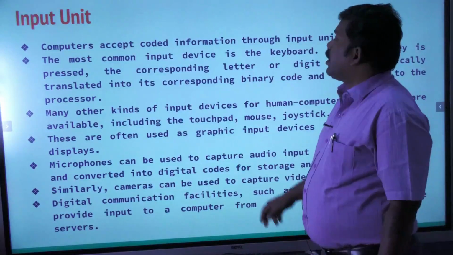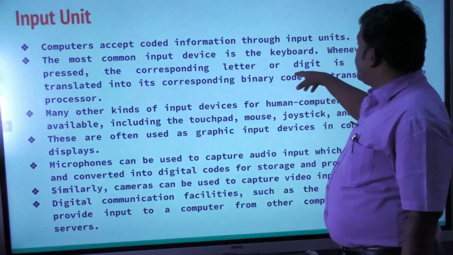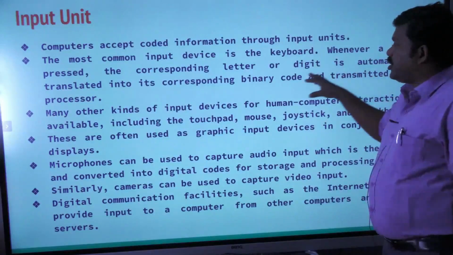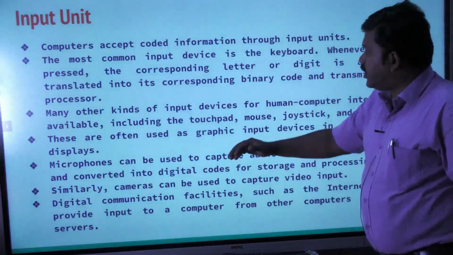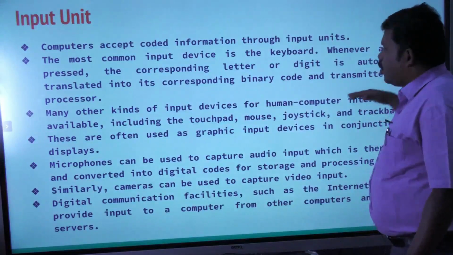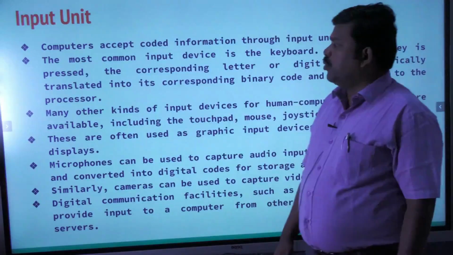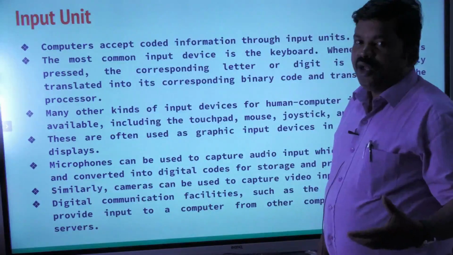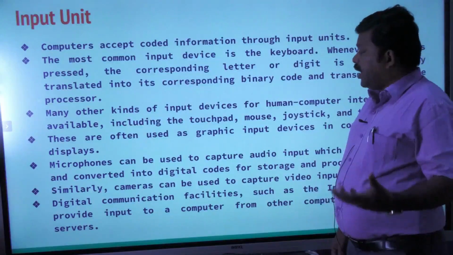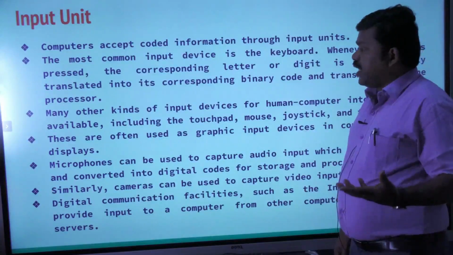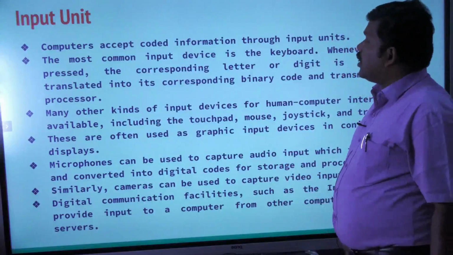The most common input device is the keyboard. Whenever a key is pressed, the corresponding letter or digit is automatically translated to its corresponding binary code and transmitted to the CPU, so that the CPU can understand what key was pressed by the user and the action performed by the key.